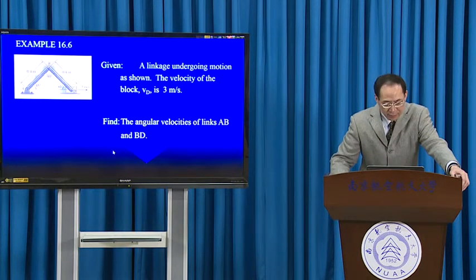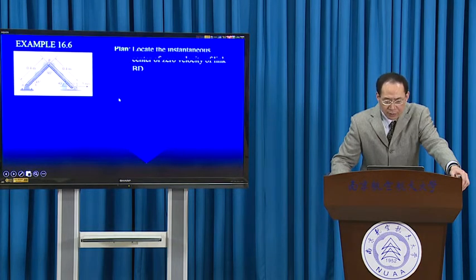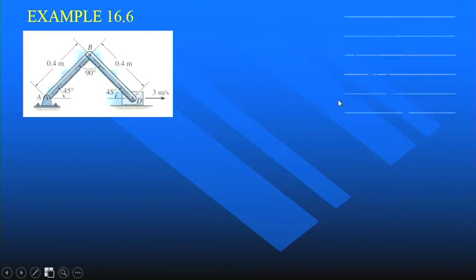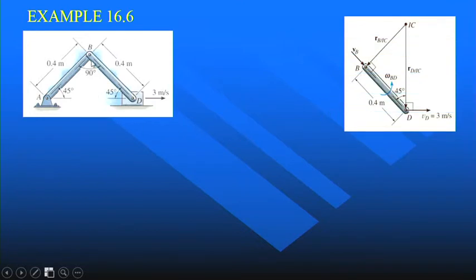Okay, now let's do the detailed plan. First, locate the instantaneous center of zero velocity of link BD. This example belongs to the second case. That is, we know the velocity of two points.